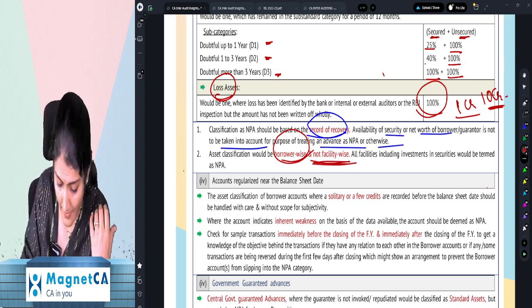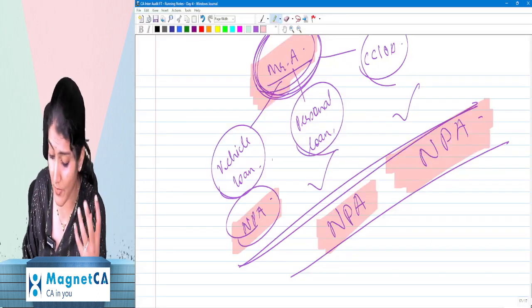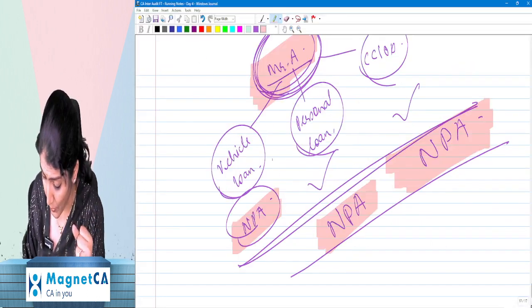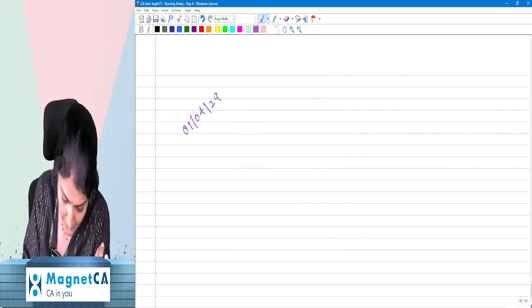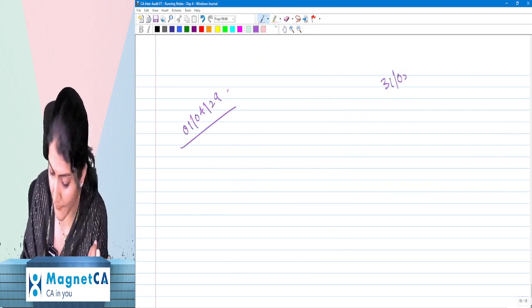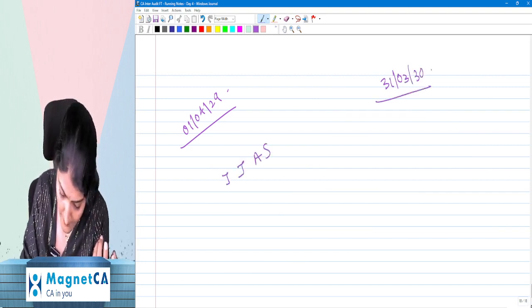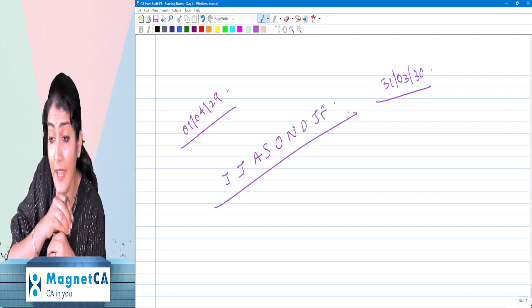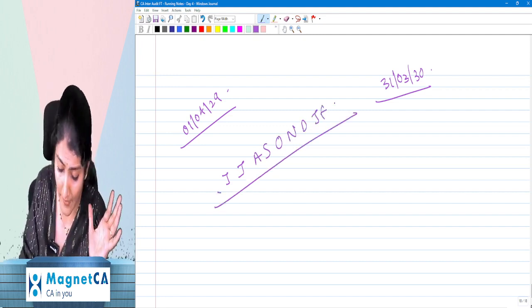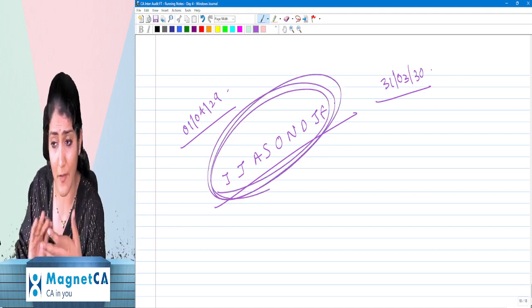Okay, right. Then after that, another point over there. Accounts regularized near about the balance sheet date. Say this borrower, what did you see? From 1st April 2029, and now year end is 31st March 2030. So June, July, August, September, October, November, December, January, February, never ever paid the loan installment on time. Never paid it, or paid it late or something like that.